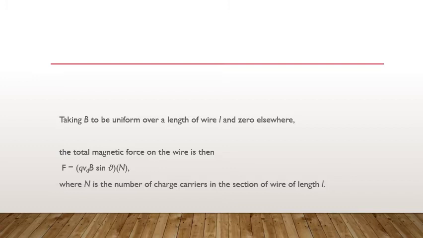If we take the magnetic field B uniform over a length of wire, and the current is moving through the wire, and the magnetic field is such that it is uniform everywhere throughout the wire, and zero everywhere elsewhere, then the total magnetic force on the wire can be written as F is equal to qvB sine theta n.